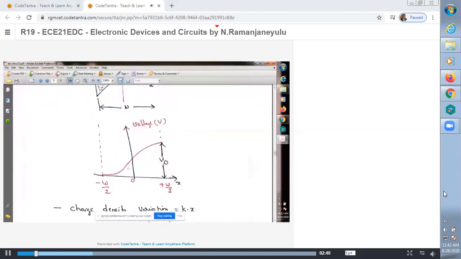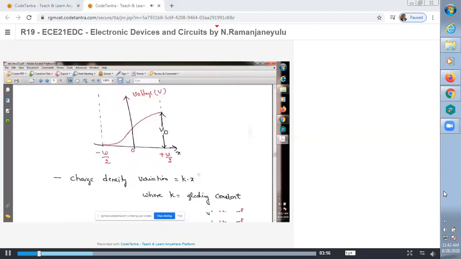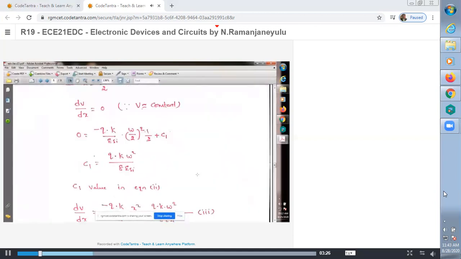In this voltage profile, we are assuming that at minus W by 2 the voltage is 0, and at plus W by 2 it is maximum, that is equal to the built-in potential. So voltage is equal to V naught at x is equal to W by 2, and at x is equal to minus W by 2, voltage is equal to 0. These are the boundary conditions, and they are used to derive W.